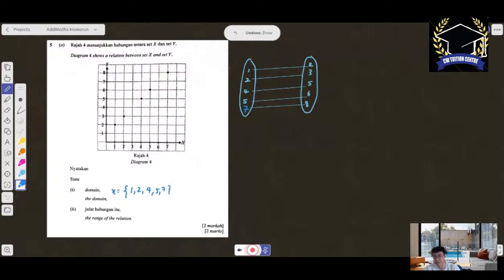That is the domain. And what is the range of the relation? The range is all the y. So for the y, you must write down 2, 3, 5, 6, 8. That is the range. All right, it's very easy, but they always specify you to do the concept. They want you to understand what the concept is here.